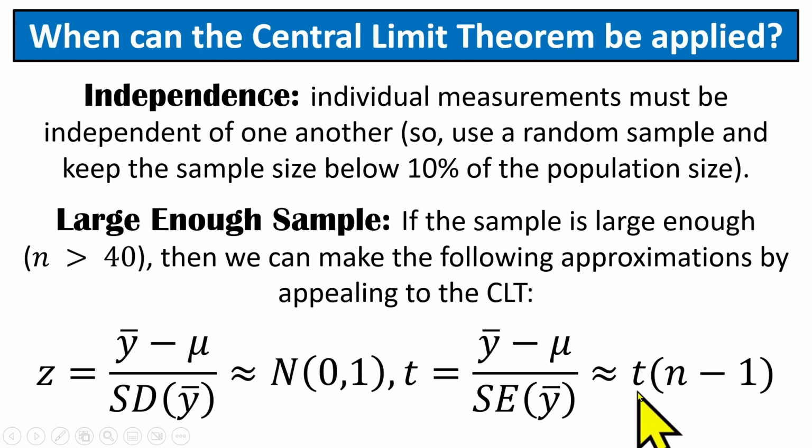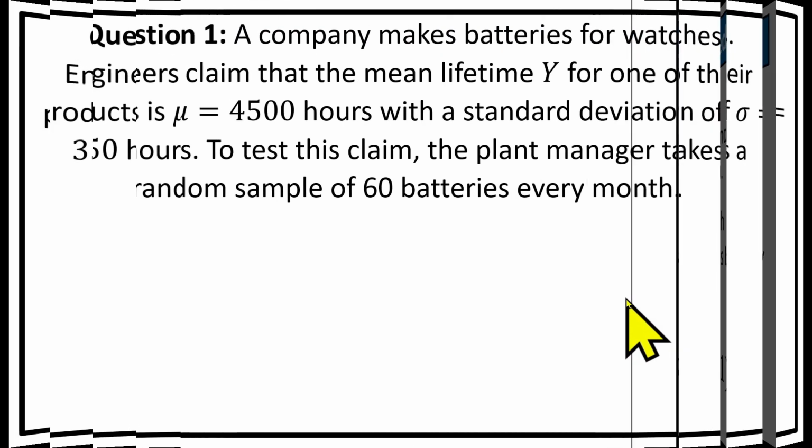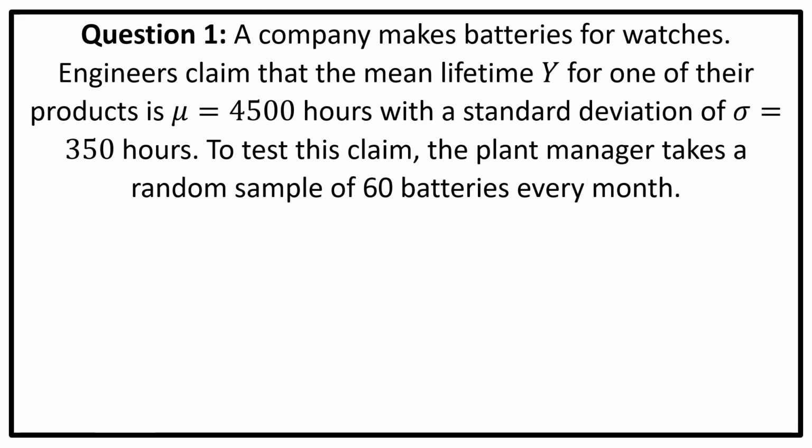Instead, it's approximately T in distribution, T with n-1 degrees of freedom. So again, I want to emphasize that both of these approximations hold, which means we can calculate confidence intervals or conduct hypothesis tests using our inferential machinery. We can do that provided that these two conditions hold for our sample. Okay, so that's theory in a very little nutshell.